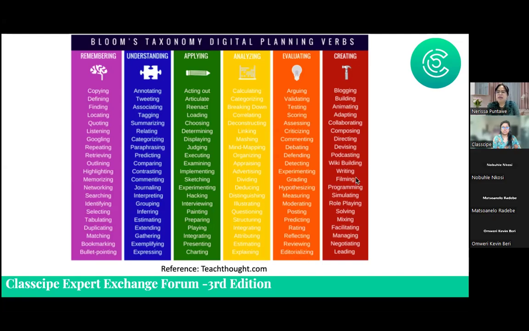And for creating, this is the highest of the higher order thinking skills. That means they should be able to create something new, like role playing, solving, managing, building, maybe designing their own experiments to solve a problem. So you could come up with different formative assessments using these command terms.